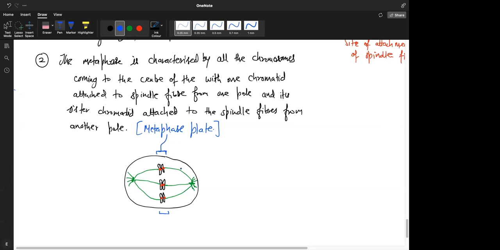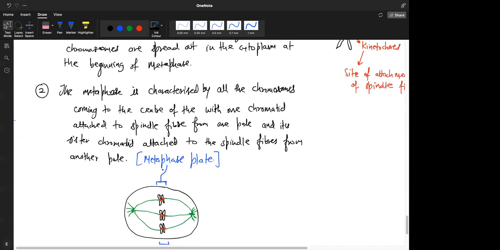So if I ask you what are the two characteristic features of metaphase plate? One is spindle fibers from both the ends attached to kinetochores of the chromosome. And second, chromosomes are moved to the equator, the center, and get aligned as a metaphase plate.